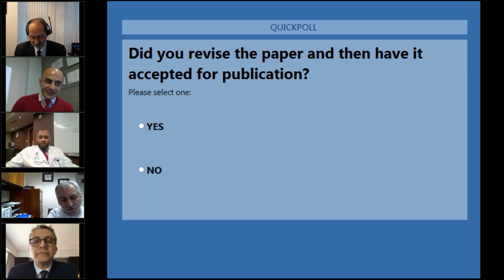So I think we need to pay attention to the reviewer comments, and we need to follow the instructions by the editor. Most of the time, the editor or associate editor puts small comments on top of the reviewer comments. So we have to follow those suggestions and provide good answers for those.